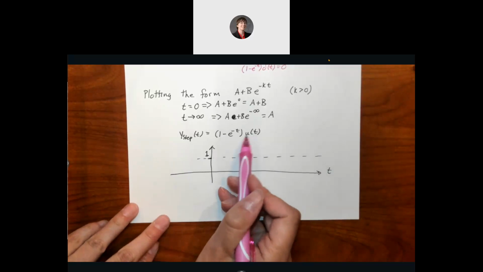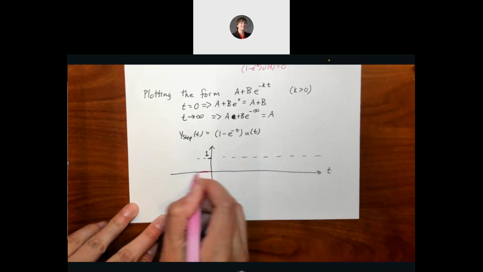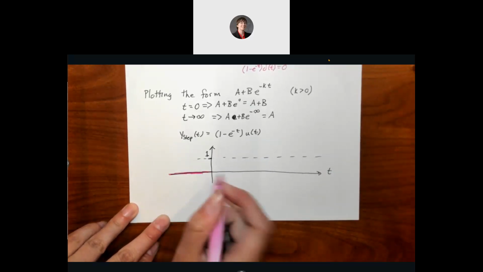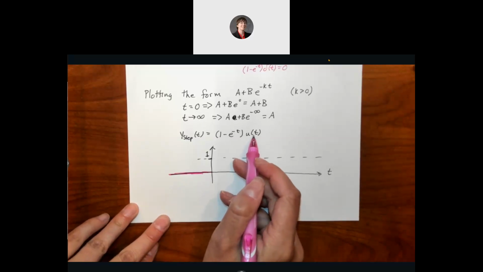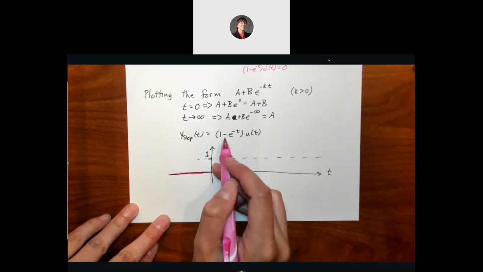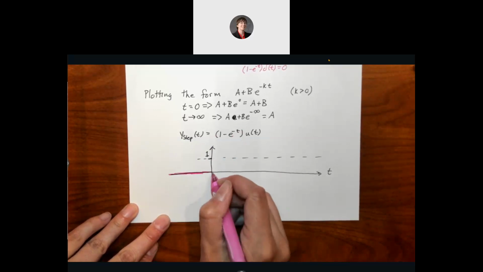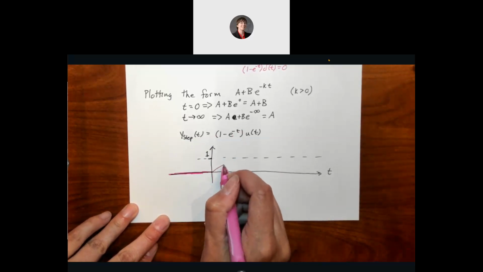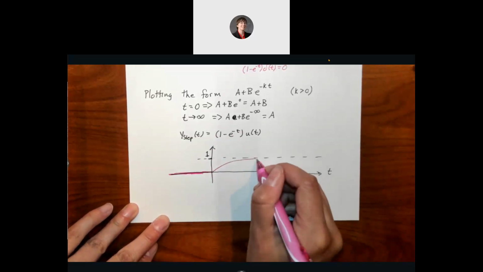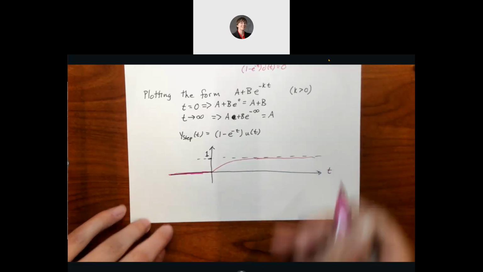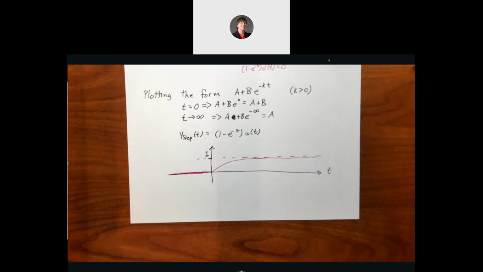And since it's a step signal, this is 0 for t less than 0, 1 for t greater than or equal to 0. So we just have 1 multiplying the signal, so we can sketch this. And what we get is something that approaches 1.